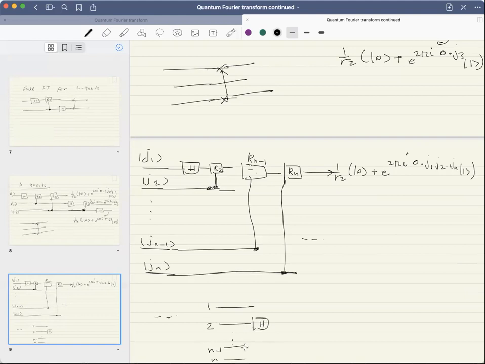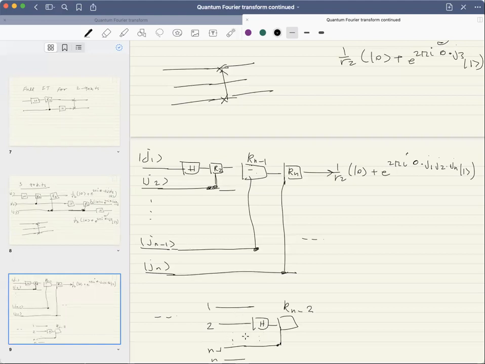So I hit it first with a Hadamard. Then the next one is going to control it with an R2. The second to last qubit is going to control it with an R n minus 2, because it starts from R2.